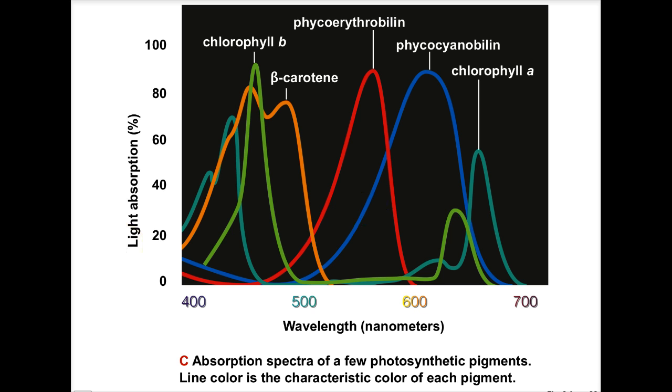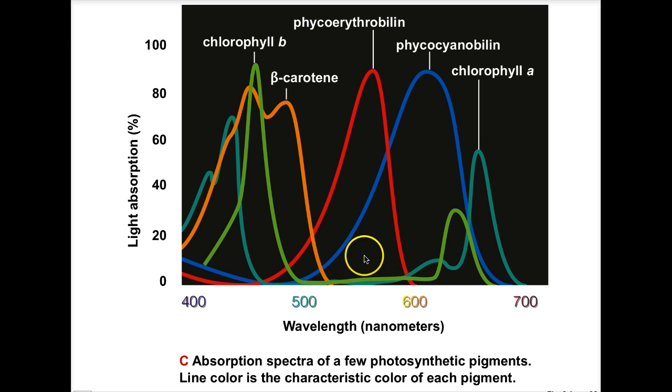If I was a plant, to get full use of the energy from the sun, it would be to my advantage to have more than one type of pigment. If I only had chlorophyll A or chlorophyll B, for example, I would only be able to take advantage of the energy of light between 400 and 500 nanometers and 600 and 700 nanometers.